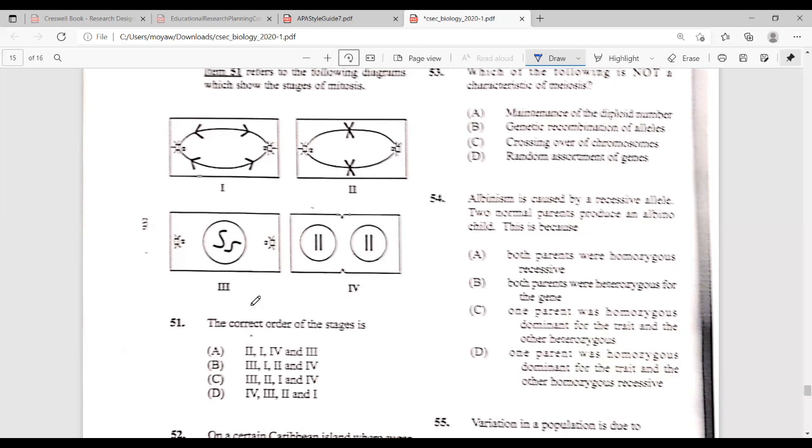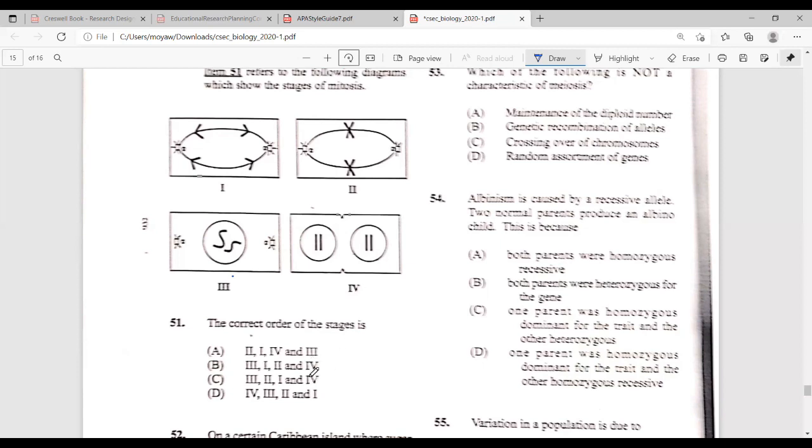So if we want to put them in the correct order now, the first thing we'll start with is definitely III, because this represents interphase. So now we're between B and C, because A would have been out of it. A doesn't start with III, and D doesn't start with III either. Another trick is you have to know that IV would have to be at the end, because this is telophase.